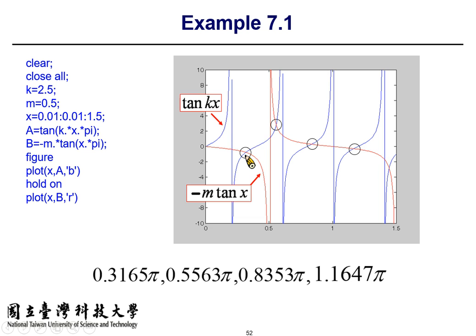That will be your first solution. This will be your second solution, third, and the fourth solution. They are found as 0.3, 0.55, 0.83, and 1.16 times pi. The horizontal axis is a multiple of pi.